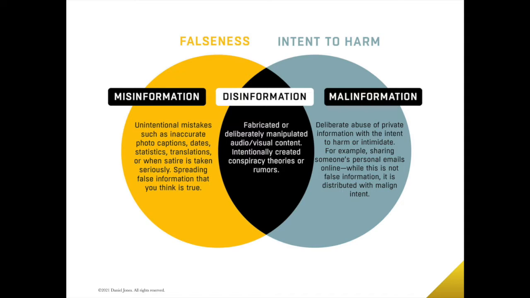Its intent is to create conspiracy theories or rumors. And malinformation: deliberate abuse of private information with the intent to harm or intimidate. For example, sharing someone's personal emails online. While this is not false information, it is distributed with malign intent.